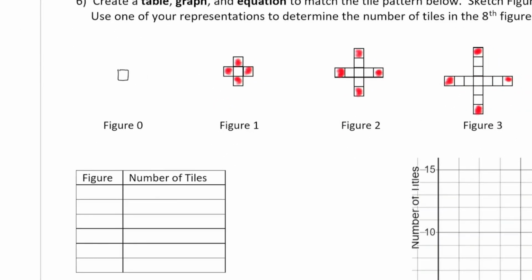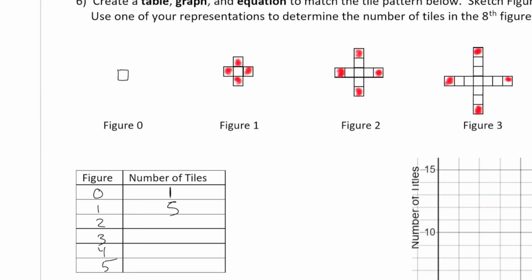Now, if I was to turn this observation, this situation into a table, I could say, well, I've got figure 0, I've got figure 1, 2, 3, 4. I'll go to figure 5. Number of tiles in figure 0 is 1 tile. The next one has 1 plus 4 more, right? So this has a total of 5 tiles.